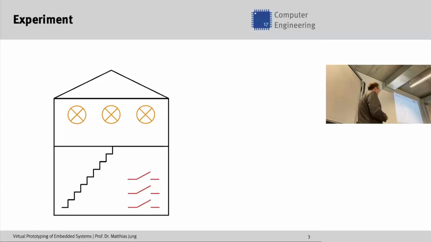Your task is basically to figure out which switch belongs to which light bulb. And you cannot see it. From downstairs, you cannot see the light bulbs. Your task is to figure out the correspondence, but you are only allowed to walk up and check only once.